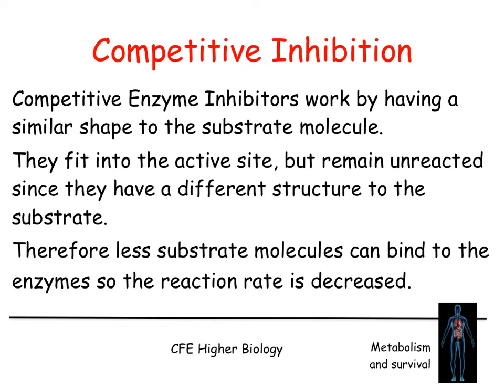That means they can fit on the active site. They remain unreacted because they have a different structure to the substrate, but if that competitive inhibitor is binding to the active site, then there are fewer substrate molecules able to bind to the active site, so the reaction rate is decreased.